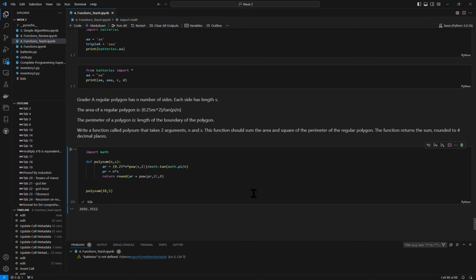Once we have that, we sum them up and round to four decimal places. Then we ran the function polysum with the sample data where n was equal to 10 and s is equal to 5, and we got the result 2692.3552.